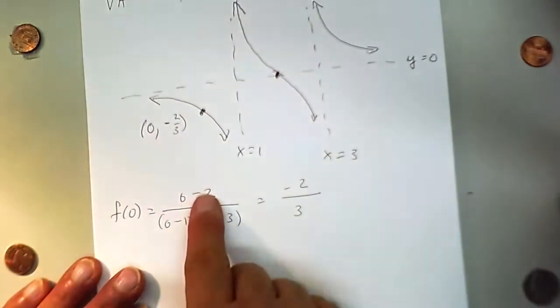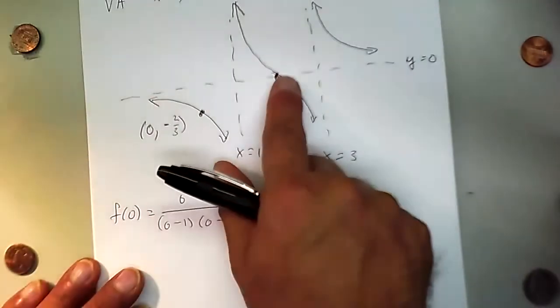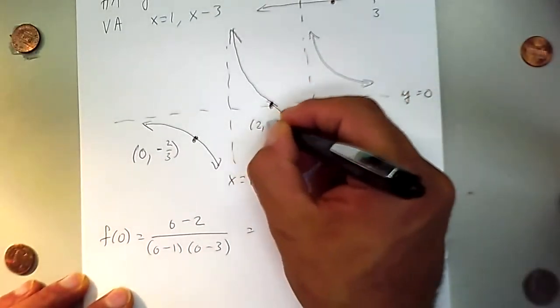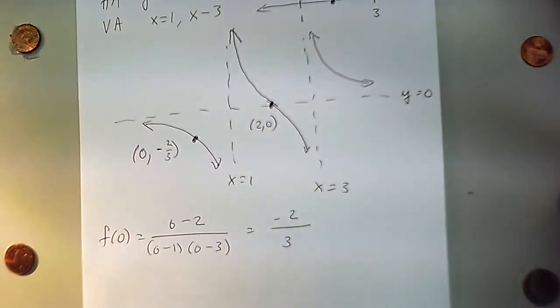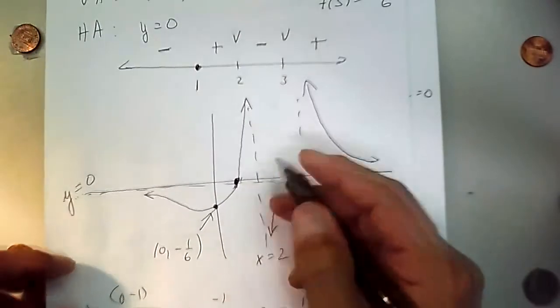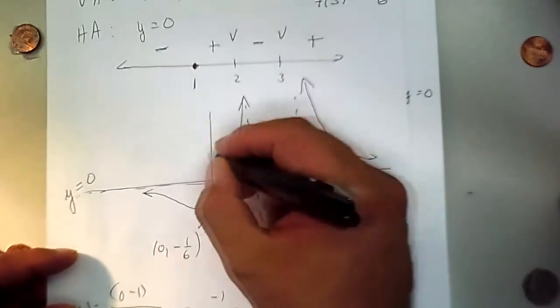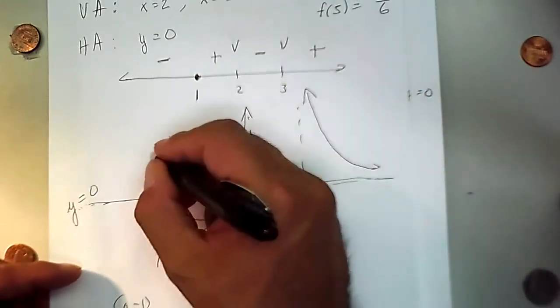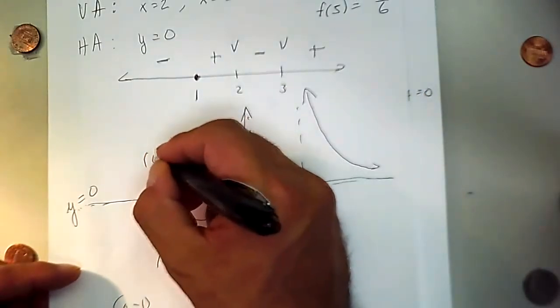Again, I'm not drawing the y-intercept, but there's the y-intercept. The x-intercept will be 2, 0. I want to make sure I did draw that on the previous page. I did not label it. We should label it. So the x-intercept is 1, whoops.